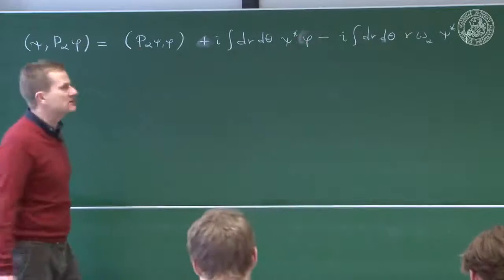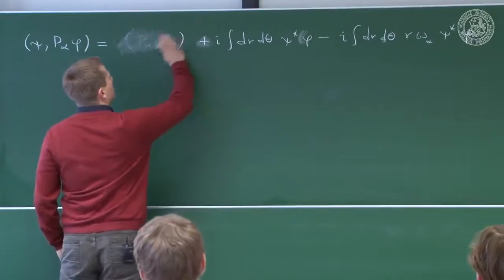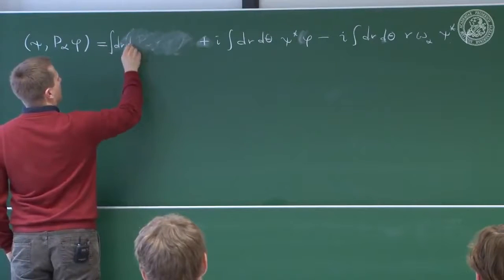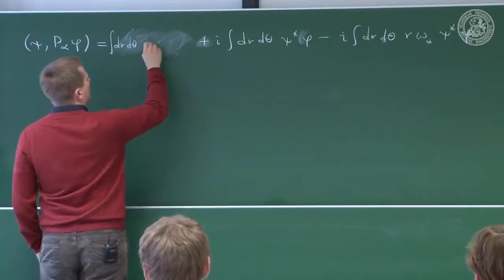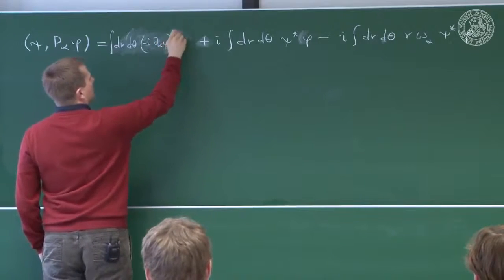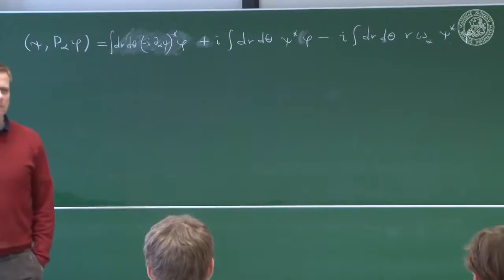The problem is this term I got from another term that was written there before, and that was the integral of dr d theta minus i del alpha psi star phi. Agree?